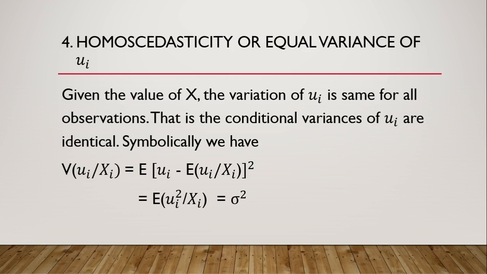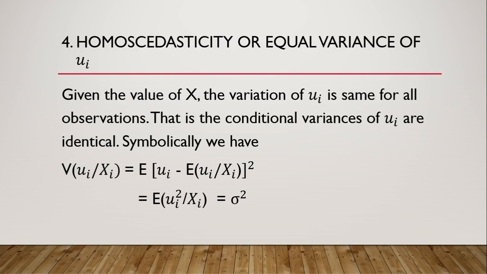Scedasticity refers to the spread. So, there is equal spread or equal variance. So variance is a constant. The variation of the stochastic term is a constant for all observations. That is, the conditional variances of ui are identical.